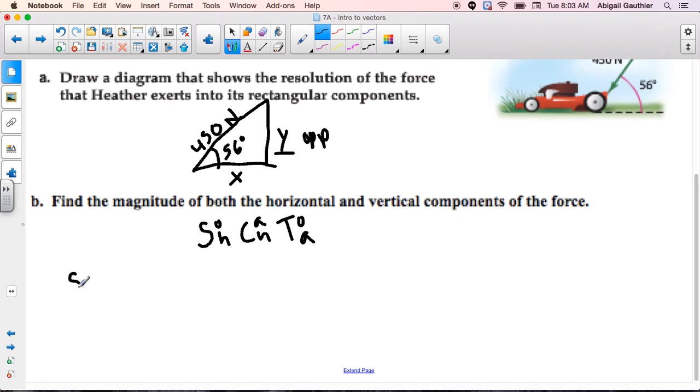So to find y, I would say that the sine of 56 equals opposite, which is y, over hypotenuse, which is 450. And then we multiply both sides by 450. And that is what we're going to type into our calculator, 450 sine 56 equals y.